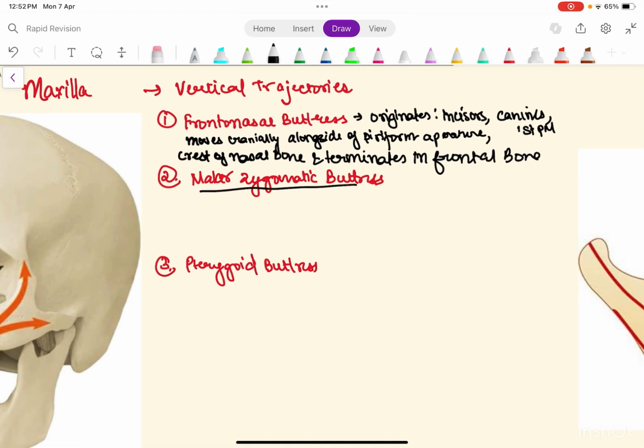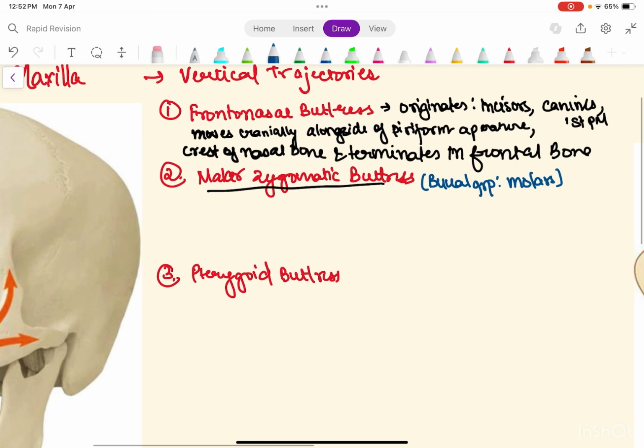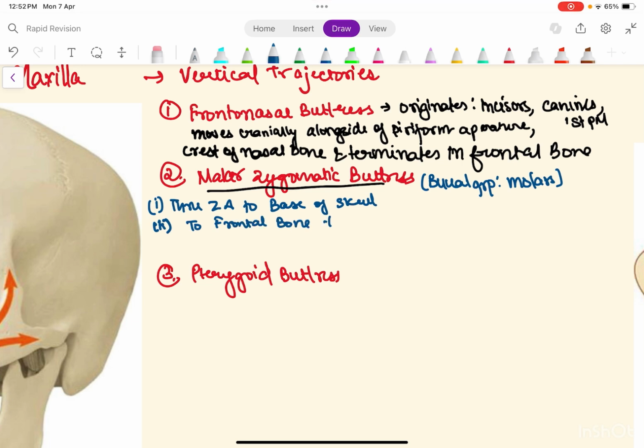Now the malar zygomatic buttress. This basically originates from the buccal group of teeth. Now what is the buccal group of teeth? It is the molars. Okay, and it has three pathways. First is through the zygomatic arch to the base of skull, then to the frontal bone through the lateral wall of orbit.